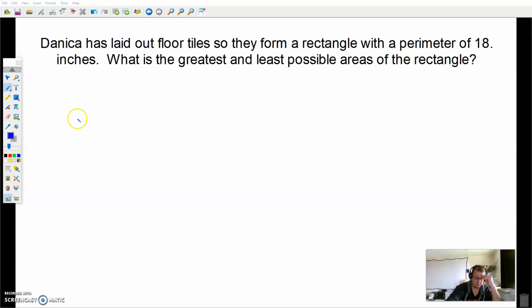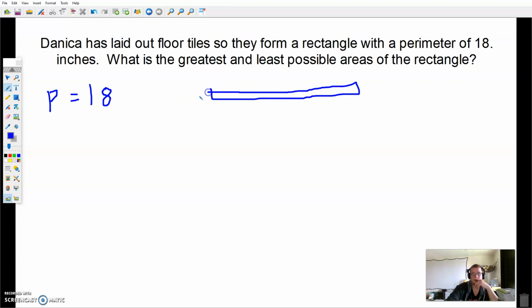So think about that. The perimeter equals 18. Okay, so if I draw one that's 1 here and 1 here, that takes us down to 16. So these two sides, what plus itself equals 16? So I've got one that's 8 and 8.